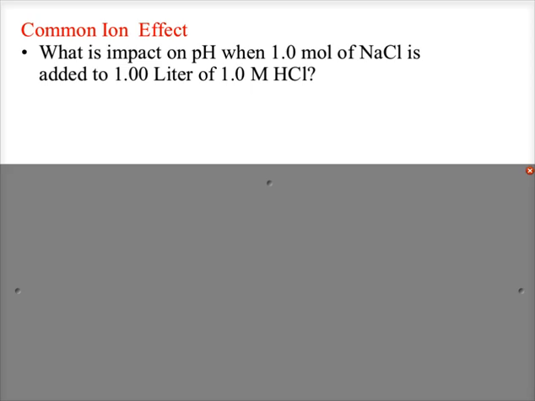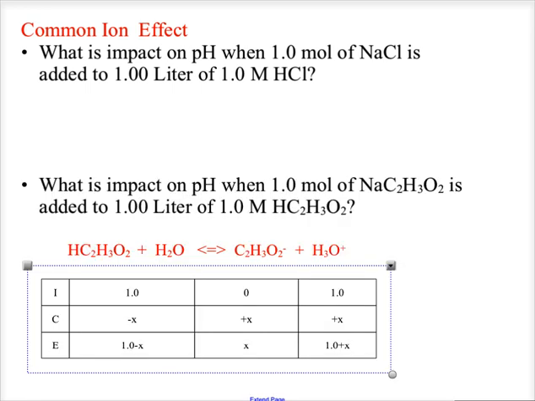Two thought questions here. So if we have a concentrated acid, a liter of 1 molar HCl, and we dump in some salt, sodium chloride, will that affect the pH? Write down what your thinking is for that. Second problem to puzzle over is in the case of a weak acid, if you do the same thing, add some sodium acetate to a liter of 1.0 molar.